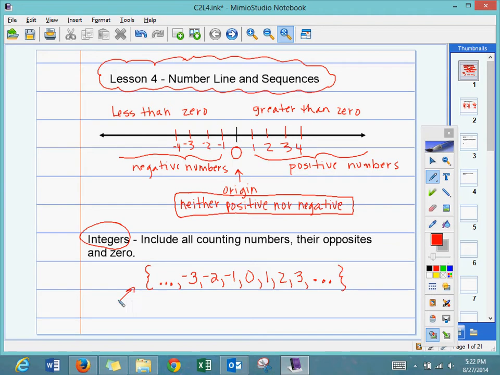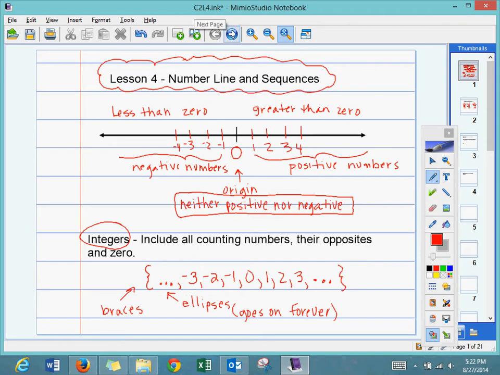I will make another note that these are braces, and these are ellipses. Those just mean that the set goes on forever. So this is the set of integers.